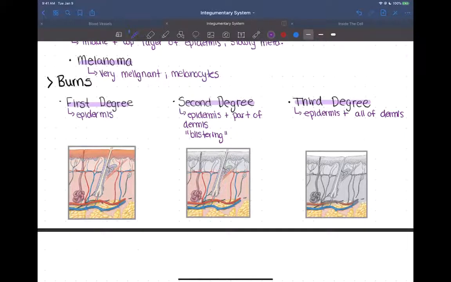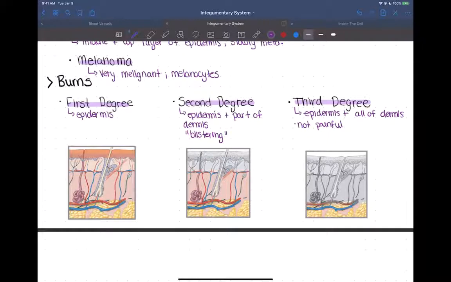They can be not painful, all right? Sometimes there is no pain associated because the actual nerve endings have been burned off and destroyed, all right? So not painful, and that's most of the time, okay?